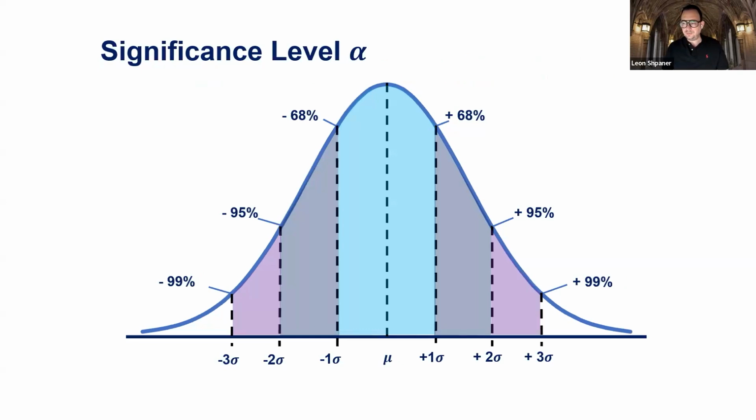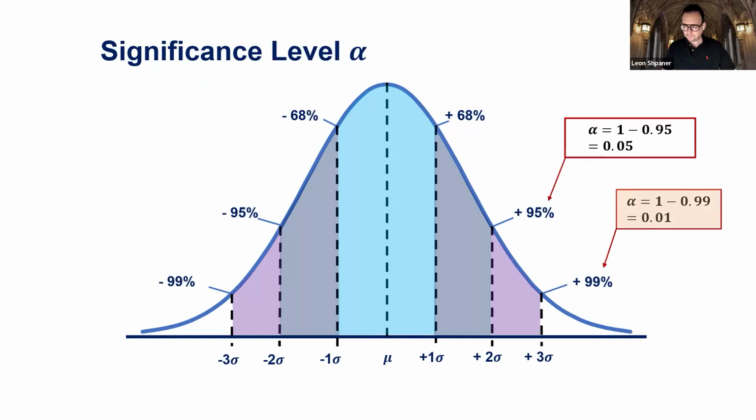Now, where does the significance level alpha come from? It comes from subtracting these values from 100%. So you take 99%, omitting the 0.7. We're just not being exactly accurate with rounding, but when 99% is subtracted from 100%, you have 0.01. So that's your significance level alpha of 0.01.